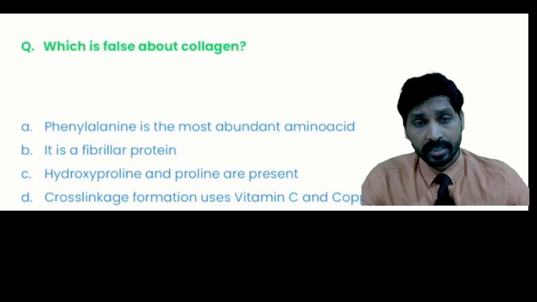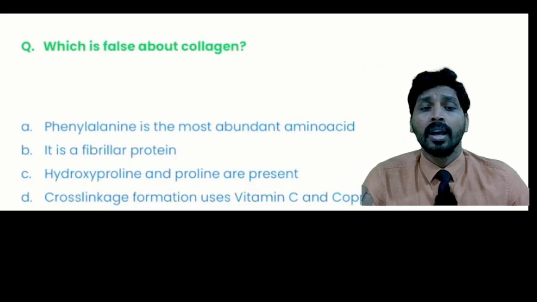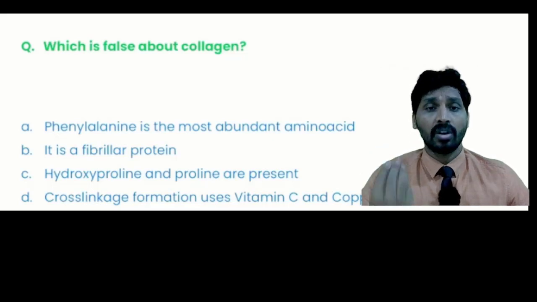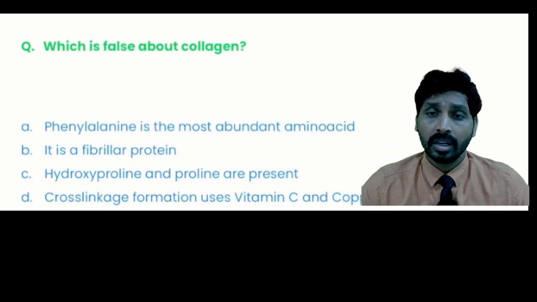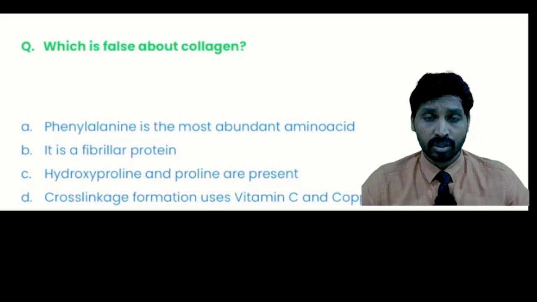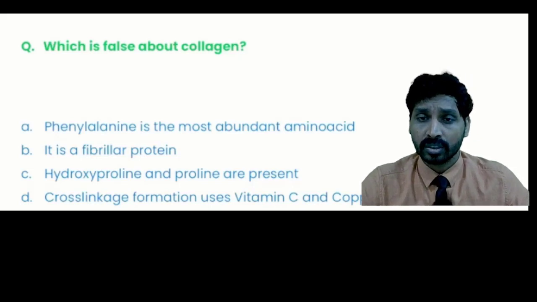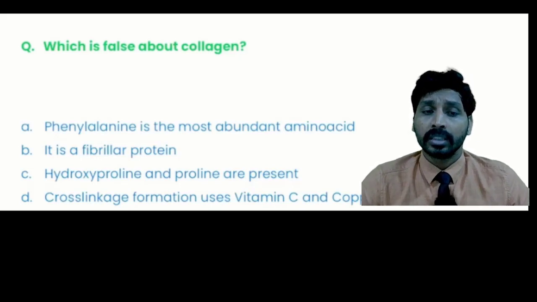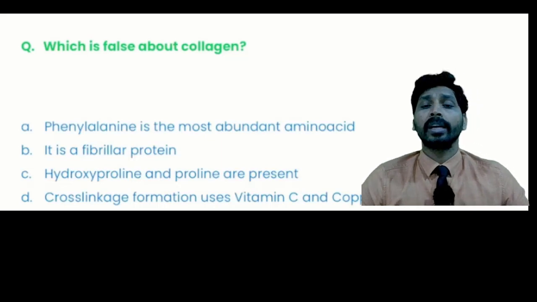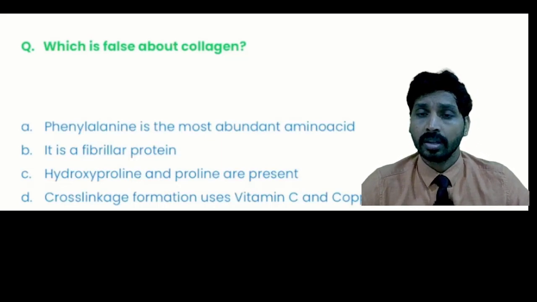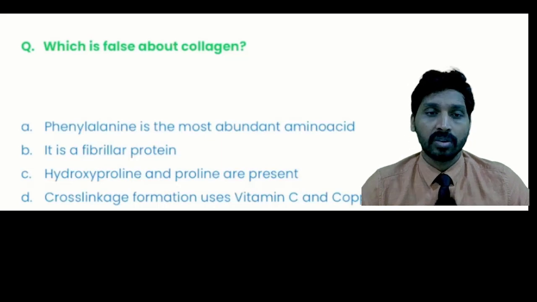Hydroxyproline and proline are present. Yes, proline and lysine undergo hydroxylation to form hydroxyproline. And cross-linkage formation, yes, we are all aware that collagen is a triple helical structure, with three helical chains forming a triple helix for strength. The cross-linkage is helped by vitamin C and copper. So the rest of the options are true except A, which is false.